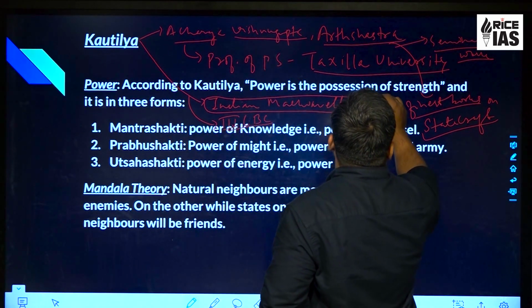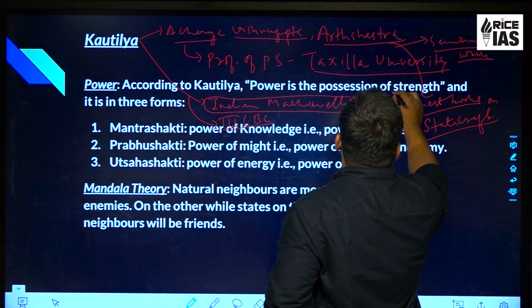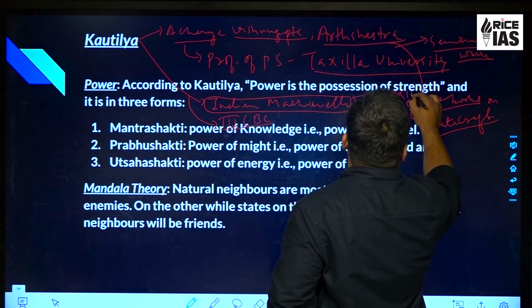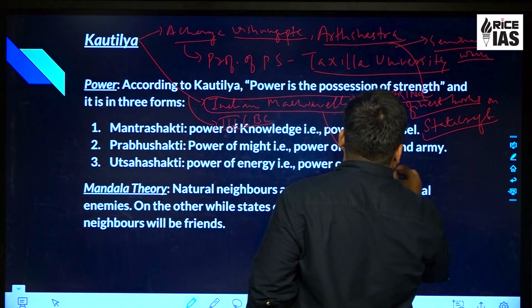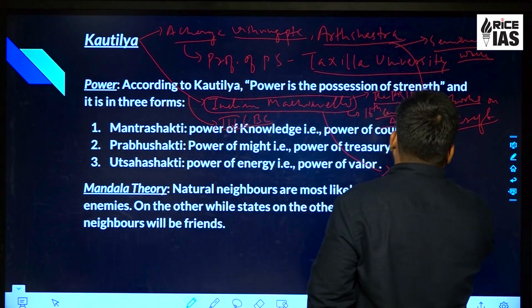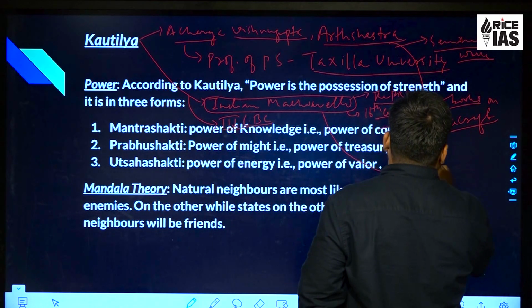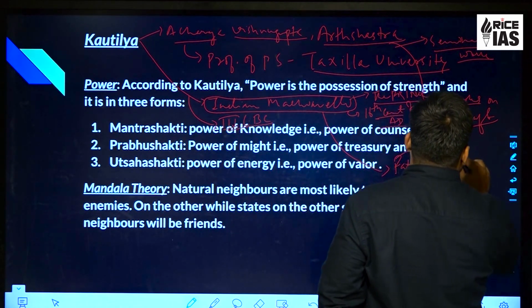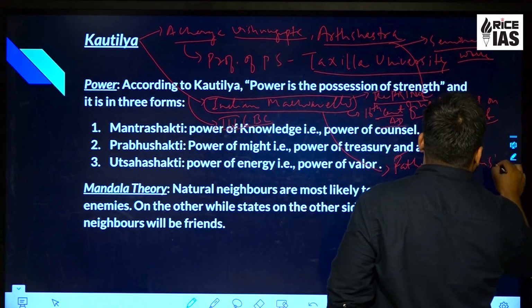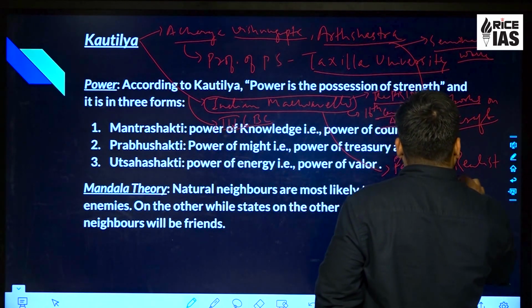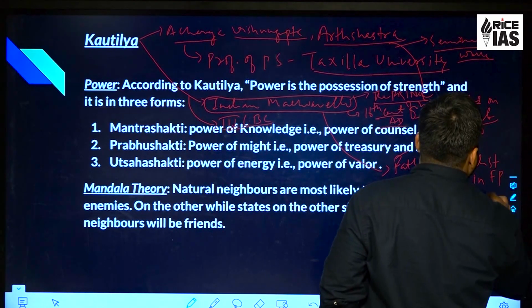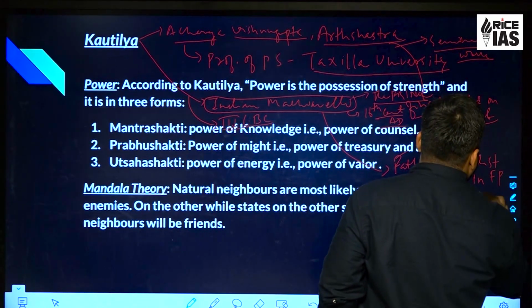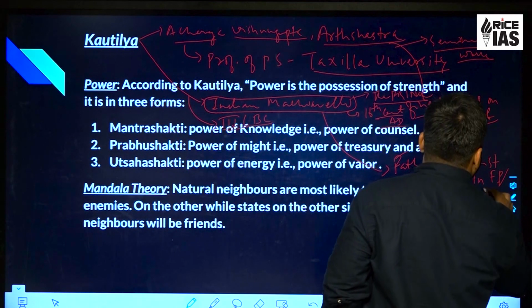Machiavelli wrote a book named The Prince. Machiavelli is also called the father of the realist school of thought in foreign policy or international relations.